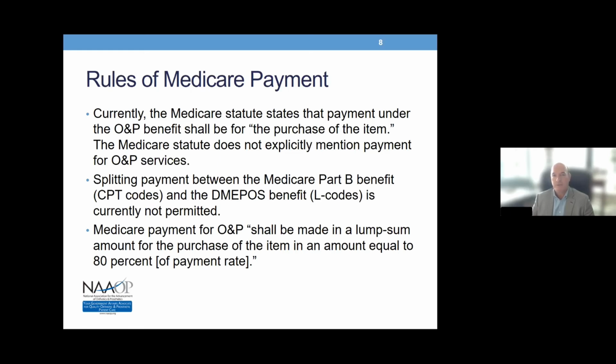That forms the basis for the L-code payment system, which is a device-based payment system that is supposed to include, and when they were created back in the early 1980s, included a representative part of that payment level for the service component of what goes into creating and ultimately an artificial limb or orthosis that is delivered to the patient.